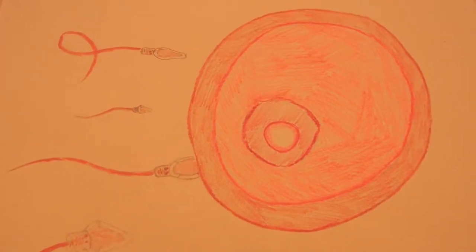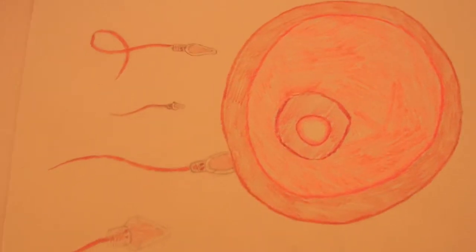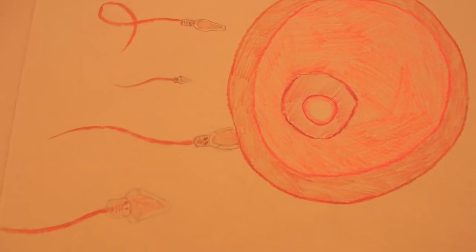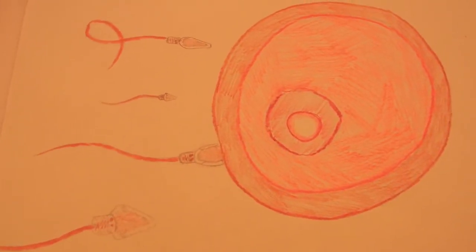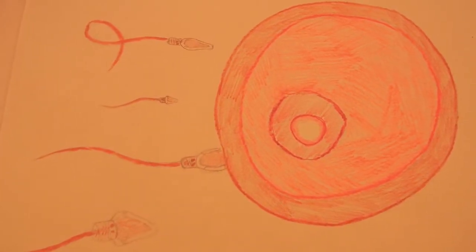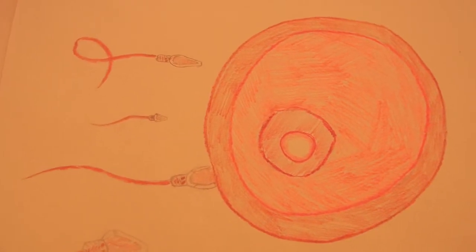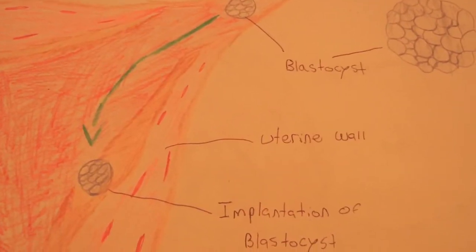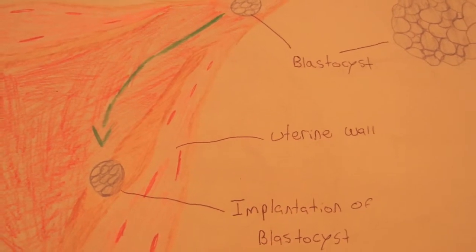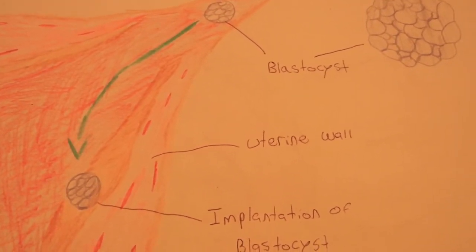And after that, in order to completely form what is called the zygote, the sperm must release its 23 chromosomes and bind them with the 23 chromosomes of the egg to form what I mentioned earlier, the zygote. After fertilization, the zygote divides and travels down the fallopian tube.